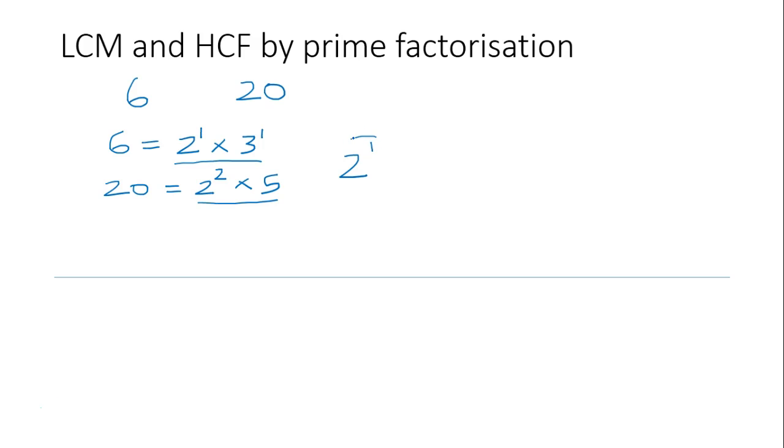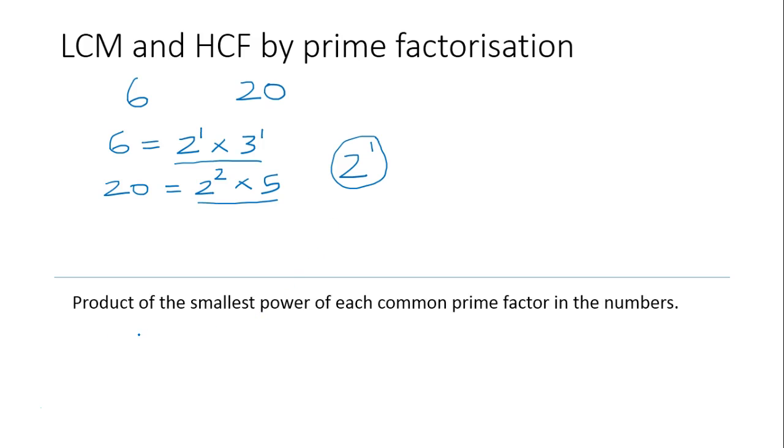So 2 raised to 1 is the HCF of 6 and 20. You can write the rule for finding the HCF as the product of the smallest power of each common prime factor in the numbers. For 6 and 20, the only common prime factor was 2, and you take the smallest power of 2, which is 2 raised to 1, and that is the HCF.